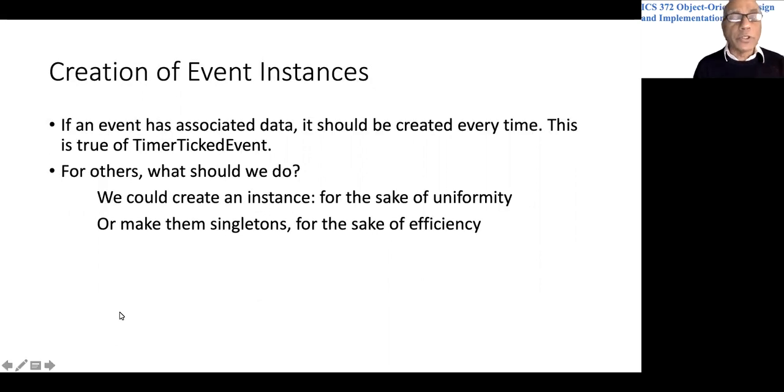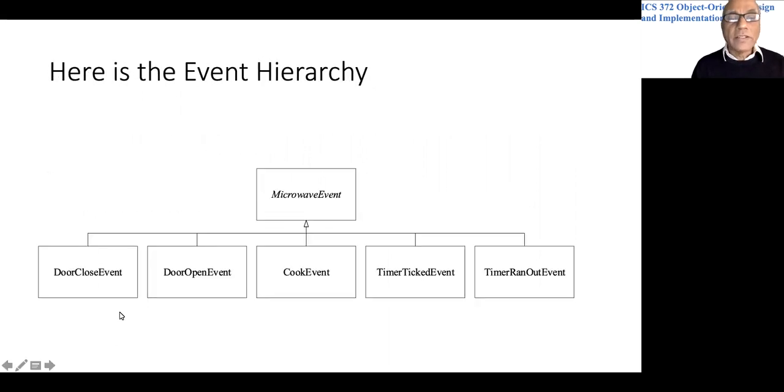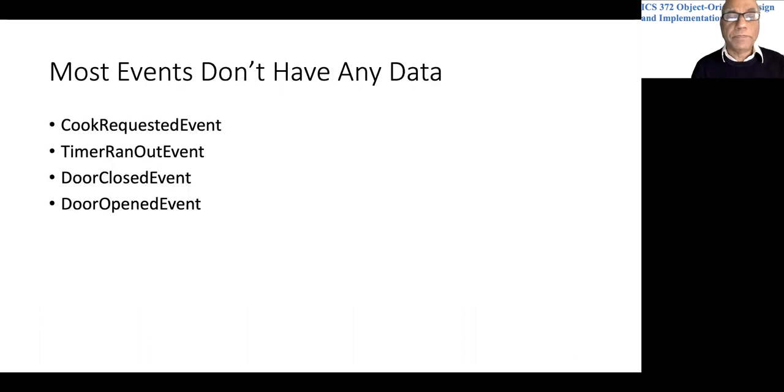So what we are going to do is we will make these 4 classes: timer ran out event, cook event, door open event, door close event, singletons, and timer ticked event would be instantiated whenever the clock ticks and the timer gets notified.